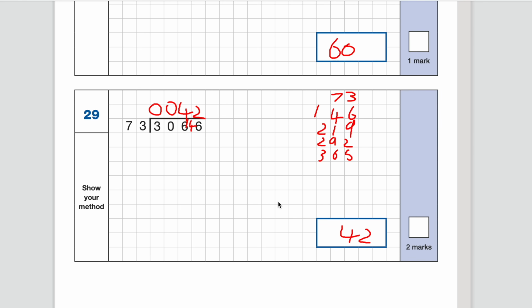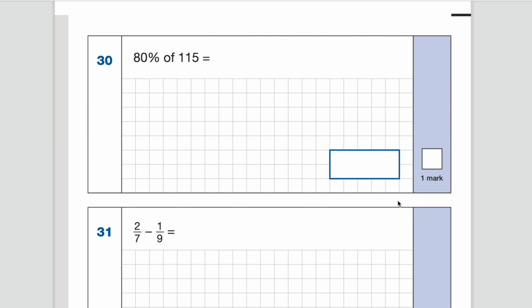Like I mentioned before, if you feel more comfortable doing long division, that's absolutely fine. As long as you show your working, you'll get the marks. This is something I like to do, and it can be a really good little trick. Number 30, 80% of 115. Very similar to the last ones we did. If we want to find 80%, we can find 10% and multiply it by 8. So to find 10%, we divide by 10.